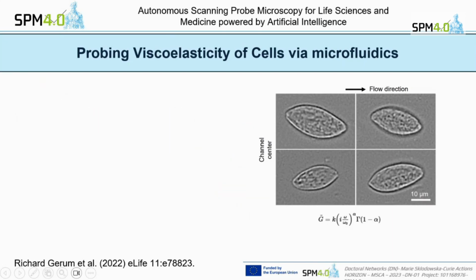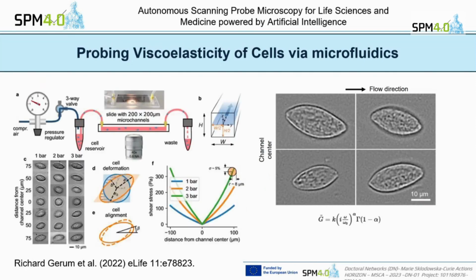So here is another example of cells in the channel. We have a pressure pump that is pumping cells through the channel. Across the channel, we have a different pressure of the liquid in which the cells are suspended, and that causes changes in the shape of the cell.